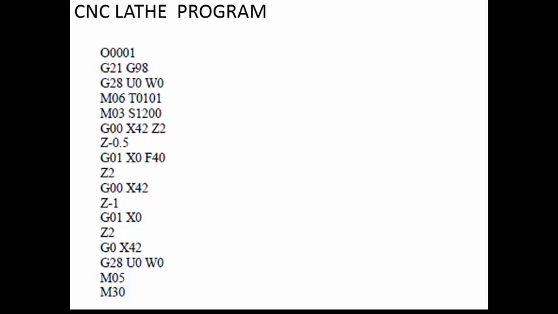Then you have the M code. M is the miscellaneous code. That is not straight away related to the tool movement, but it is required for the proper execution of the program.